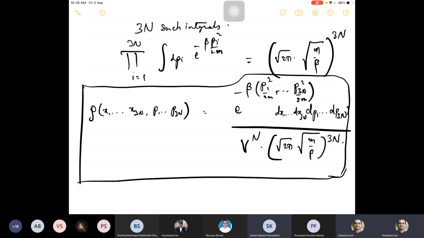Ideal gas doesn't require the masses to be identical. That is a special condition that we took for one particular species of an ideal gas. When we say ideal gas, we usually mean there are no interactions between the particles and therefore there is no potential. If the energy depended also on the coordinates, we could not have easily written this V to the power N, because that factor came only from the fact that the energy did not depend on the coordinates at all.